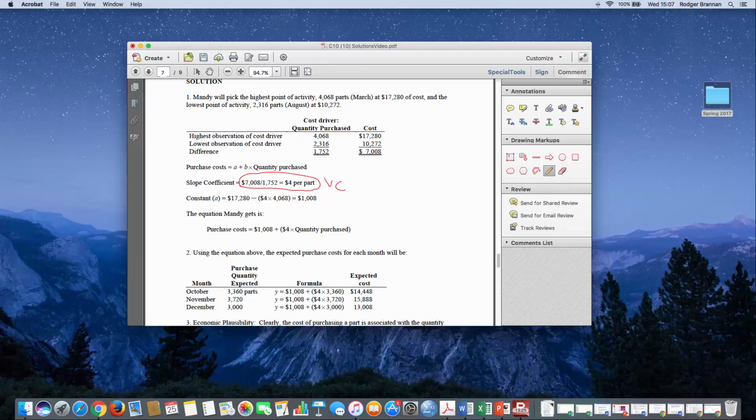Plug it back into one of the data points, in this case the high, where the total cost are $17,280 minus the variable cost gives me the fixed cost. So the $1,008 would be my fixed cost. So my y equals a plus bx is this formula here.